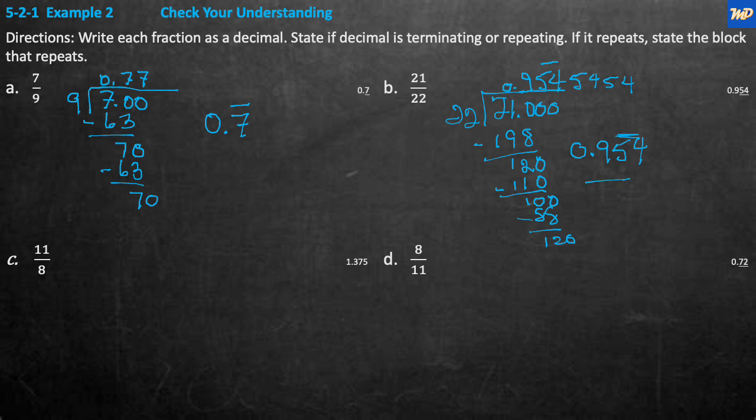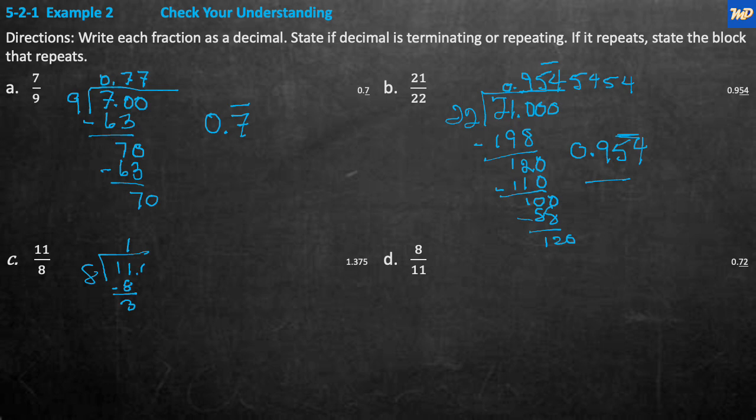Okay, 11/8. So we're going to take 11 and divide it by 8. 8 goes into 11 how many times? 1 time. 1 times 8 is 8. 11 minus 8 is 3.